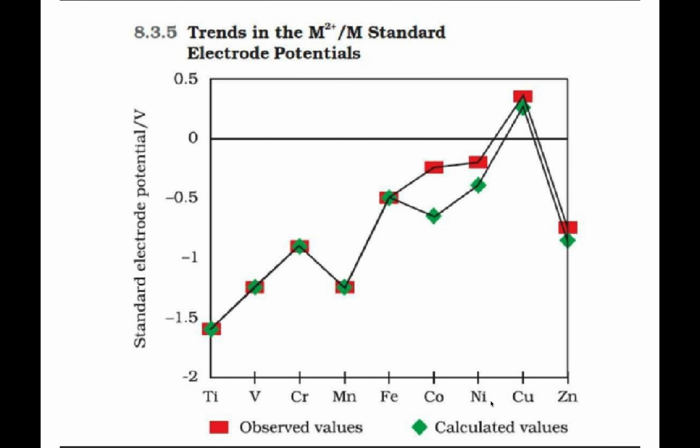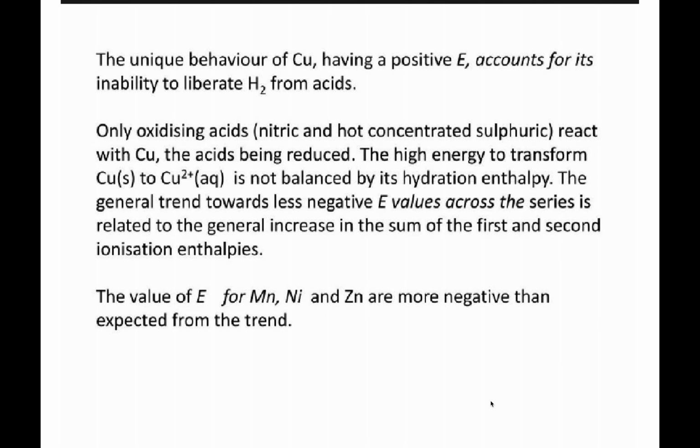Now here we can see the trends in M2+/M standard electrode potential. You can see the observed values versus the calculated values for standard potential of the elements from titanium to zinc. One very important point to mention here is the unique behavior of copper.